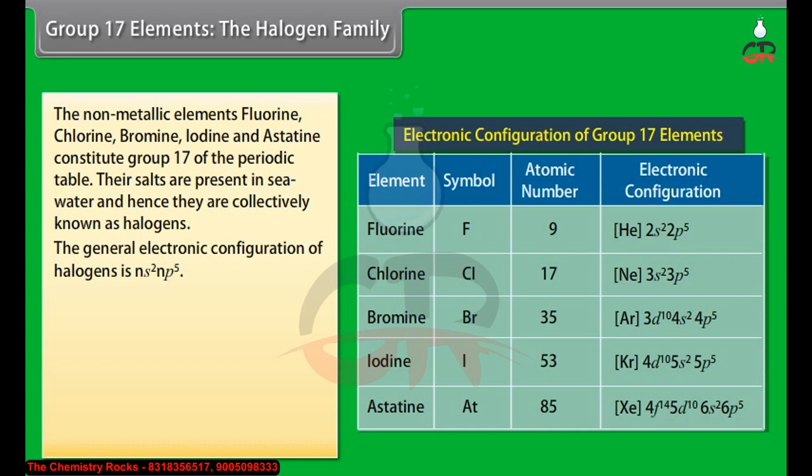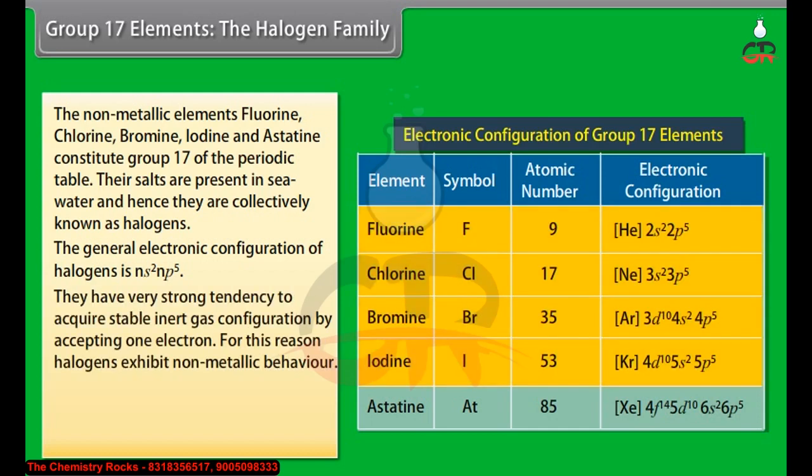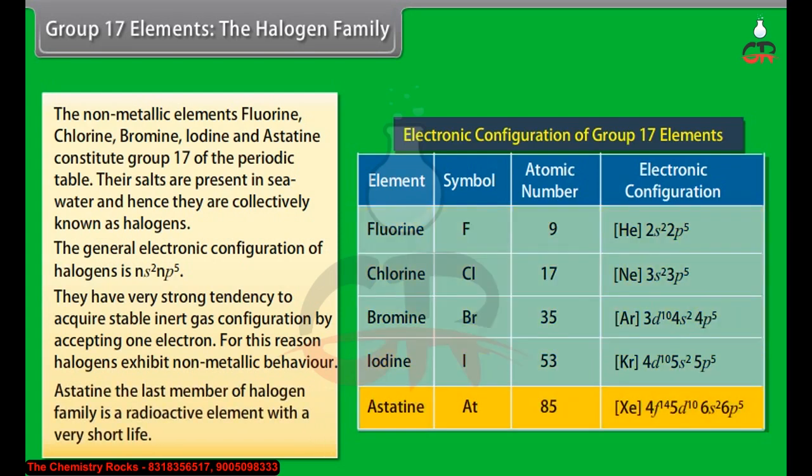The general electronic configuration of halogens is ns2np5. They have a very strong tendency to acquire stable inert gas configuration by accepting one electron. For this reason, halogens exhibit non-metallic behavior. Astatine, the last member of the halogen family, is a radioactive element with a very short life.